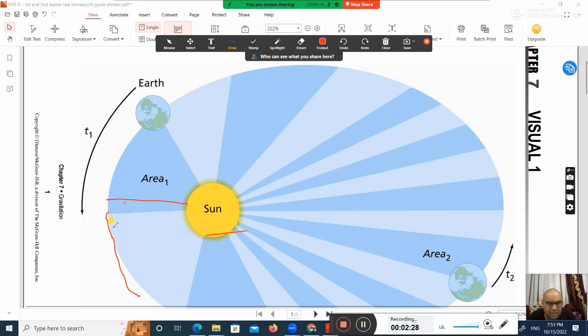So we're going to cover a larger distance with a larger speed. We know that v equals distance over time. So the time is constant, v is directly proportional to distance. So the largest distance is here, so also the largest velocity is here. This interval, this part.